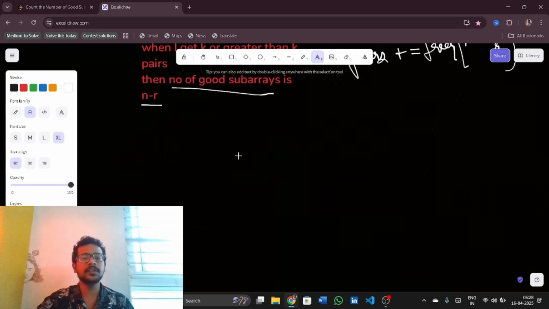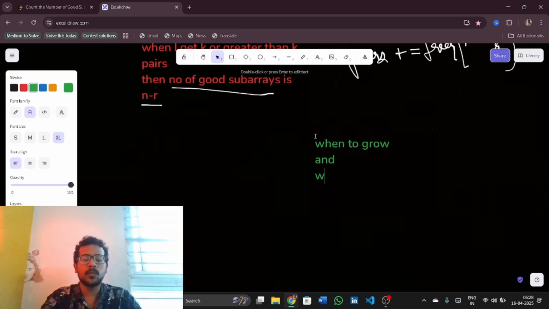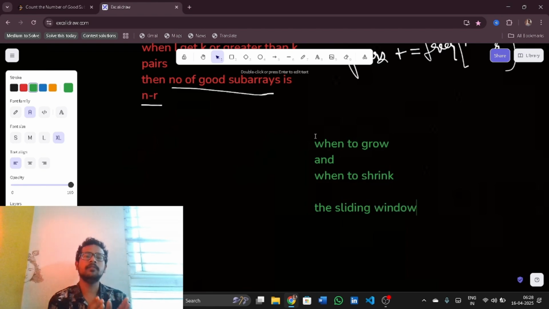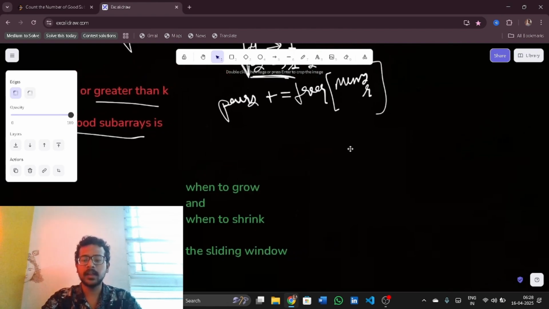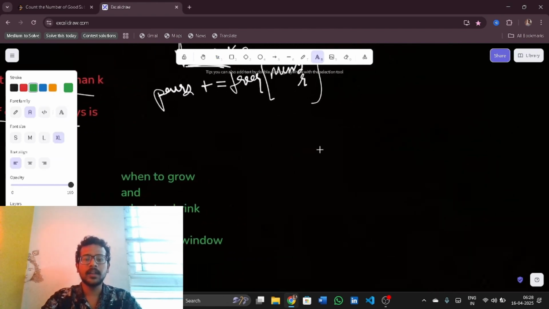But the most confusing problem in sliding window is when to grow and when to shrink the sliding window. I have a window with left and right. When do I need to grow, when to shrink, and when to stop growing?